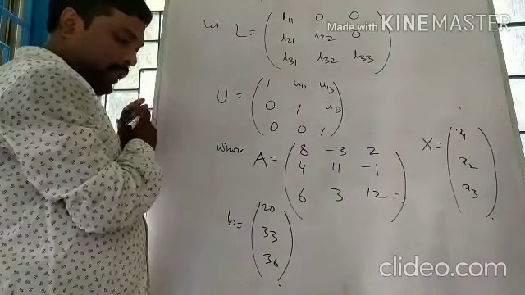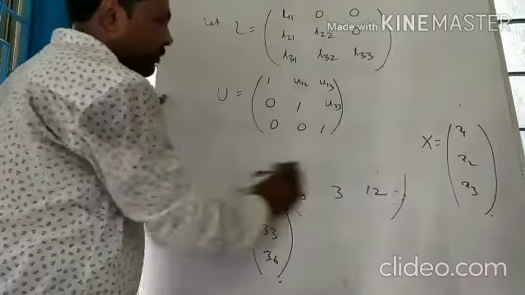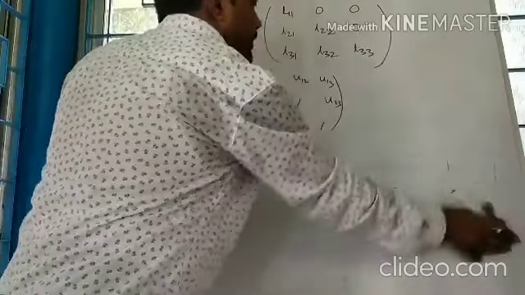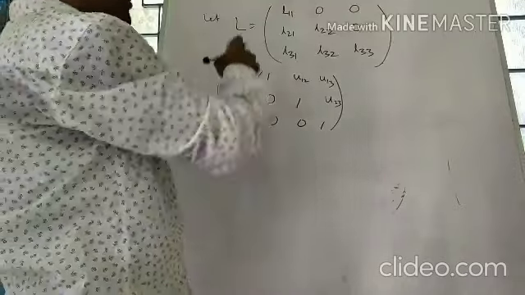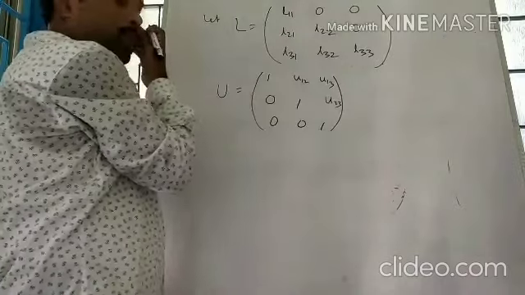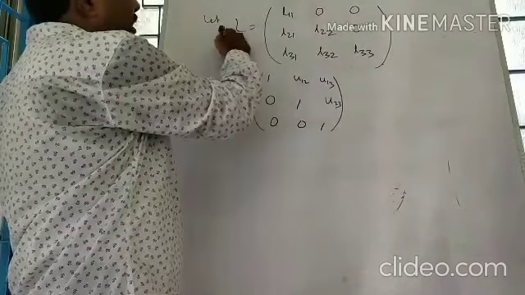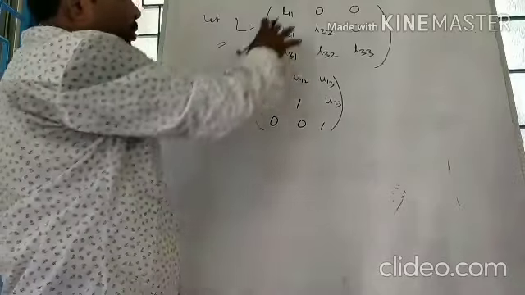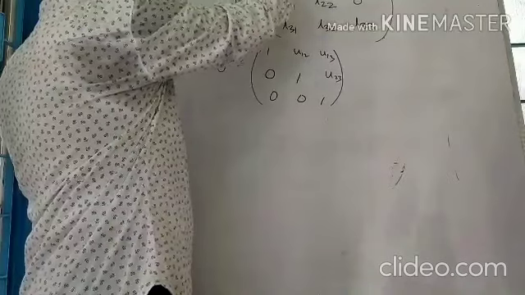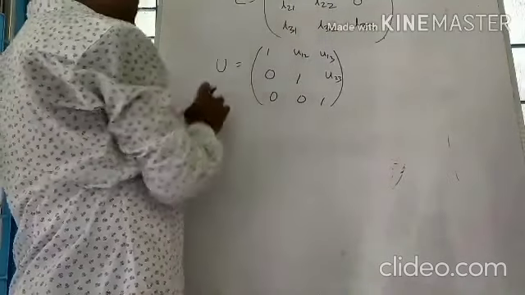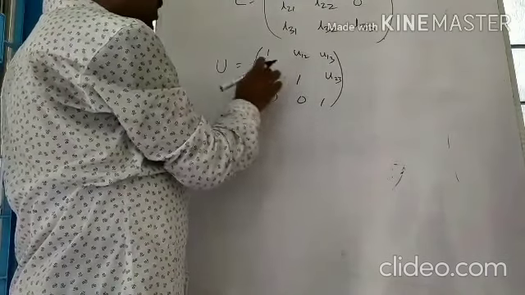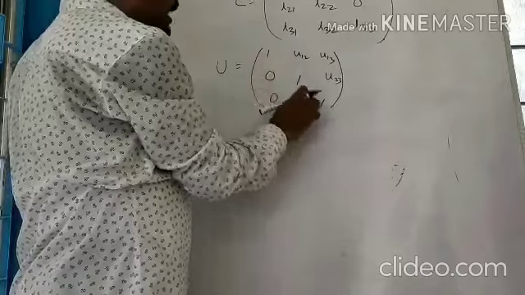For solving this system of equations Ax equals B, first we decompose the matrix A into a product of two matrices L and U. This is the lower triangular matrix, this is the upper triangular matrix. For factorizing the matrix A into L and U, we consider the diagonal elements of the upper triangular matrix as 1 1 1.